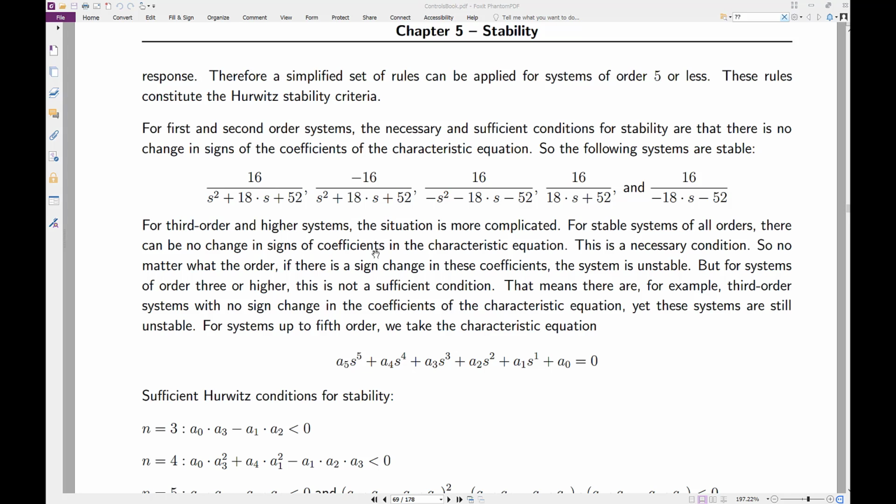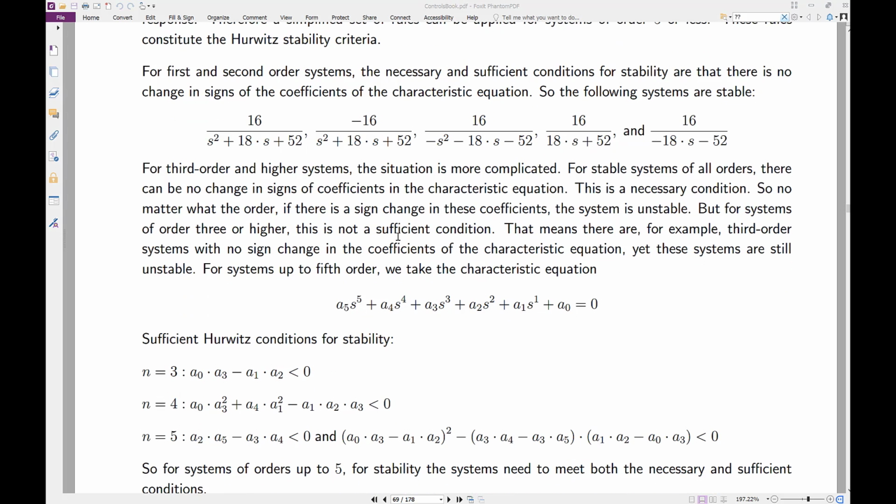So let's look at what we have for sufficient conditions. And actually it's easy if you have a first and a second order system. There are no additional conditions necessary, so for a first and a second order system, if there are no sign changes, the system is stable.